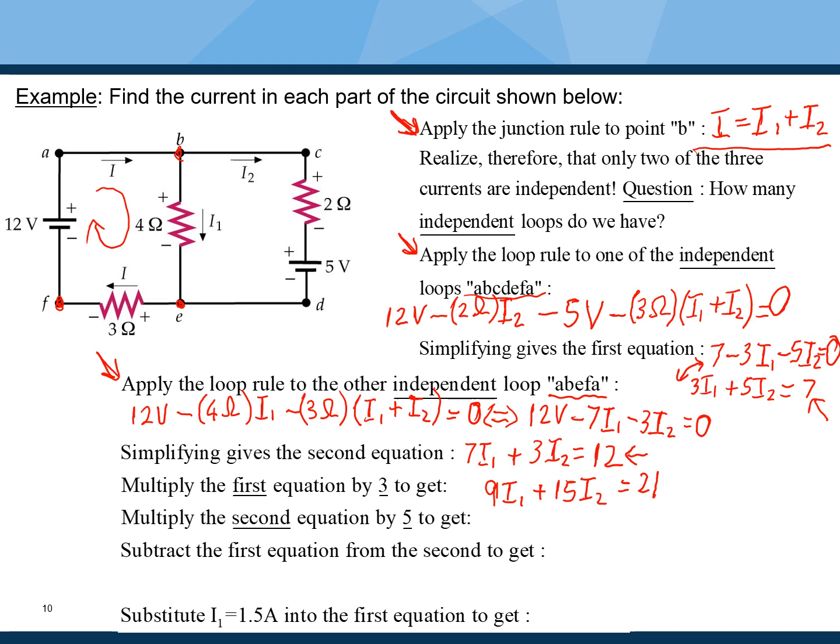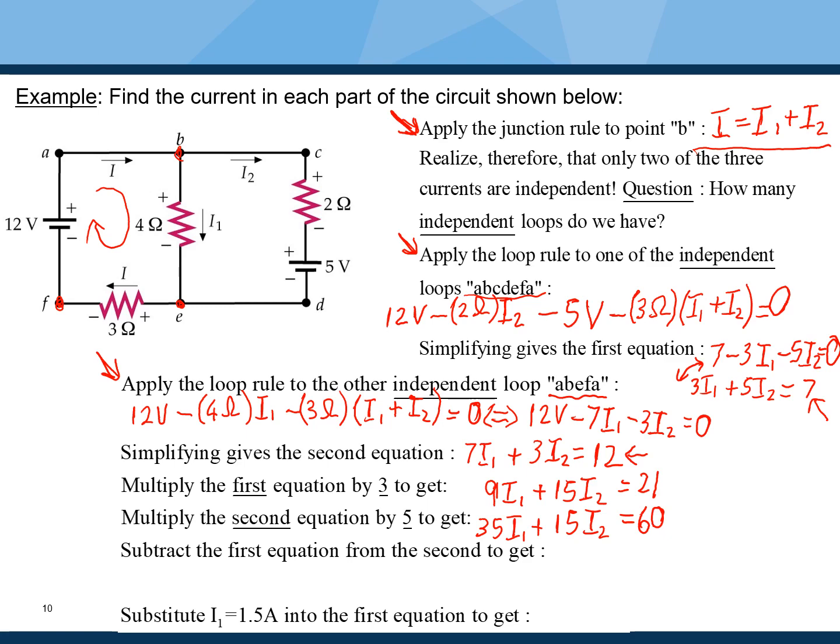So we'll multiply the second equation that we marked out by 5. So 7 times 5 is 35. So we have 35I1 plus 15I2, and that is equal to 12 times 5, which is equal to 60.